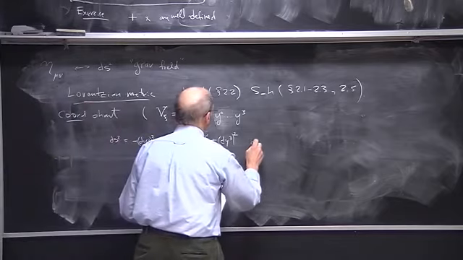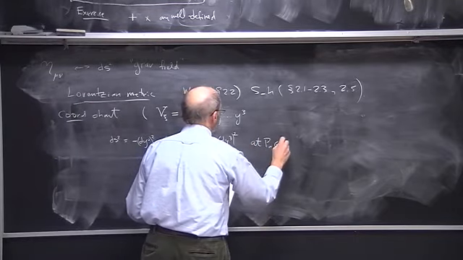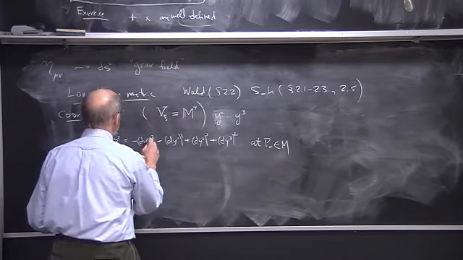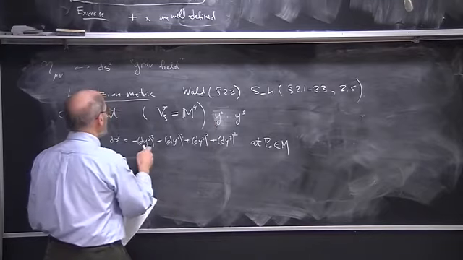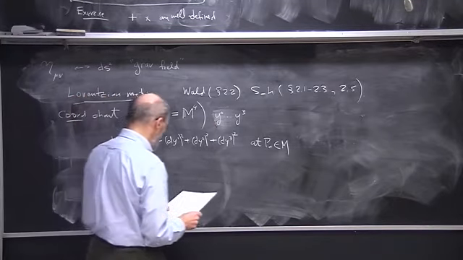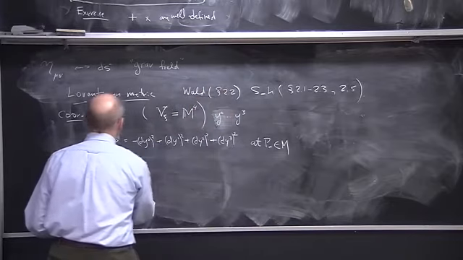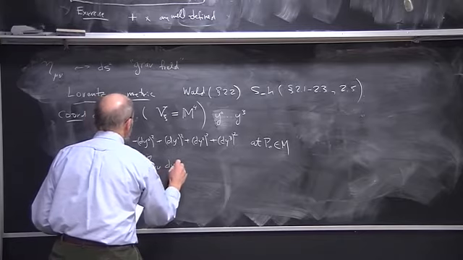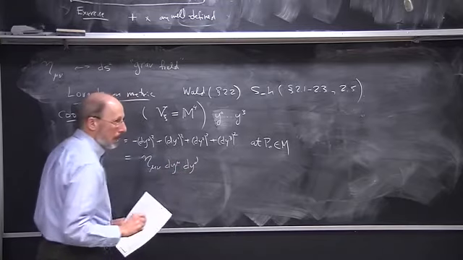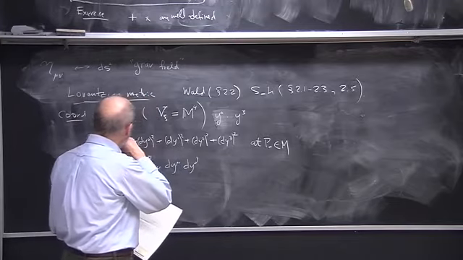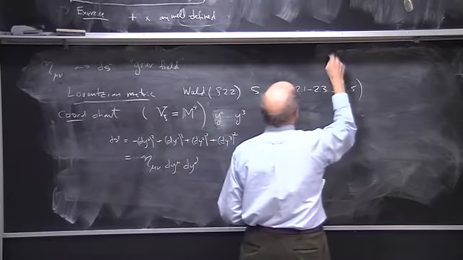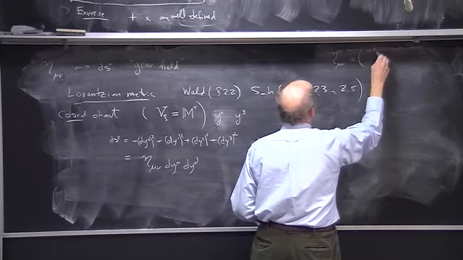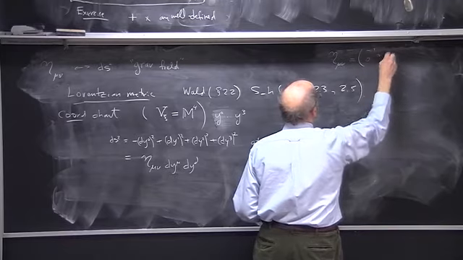So I'll assume that at some point P naught in M, there exists a coordinate chart with coordinates y such that this equation holds. Of course, as usual, we write this as eta mu nu dy mu dy nu, where eta mu nu is now really a matrix: minus 1, 1, 1, 1 on the diagonal, and zeros elsewhere.